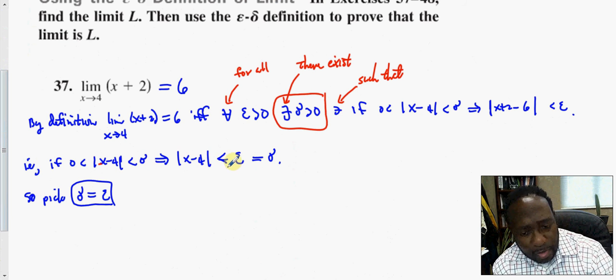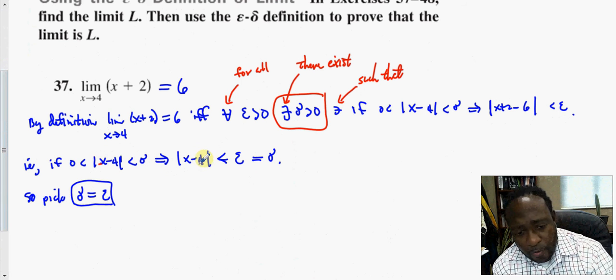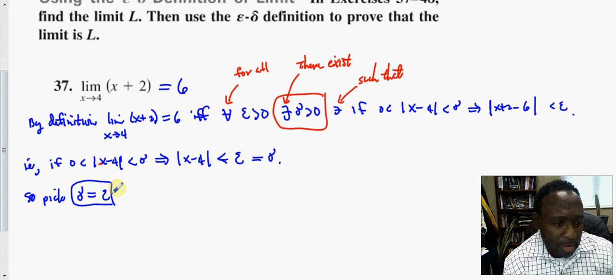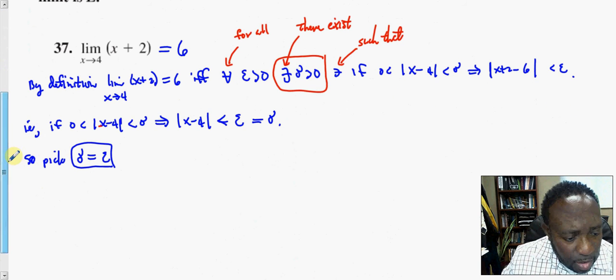Does that imply the same thing for what happens with the y values? Well, it does, because the absolute value of x minus 4 is there for delta, but over here, the absolute value of x minus 4 is the same thing for the y values, less than epsilon. So if we choose delta to equal epsilon, then we have the limit to exist. I don't think there's any question there.